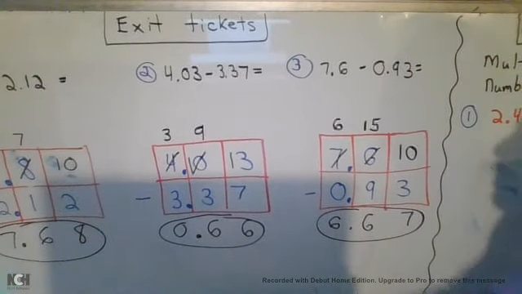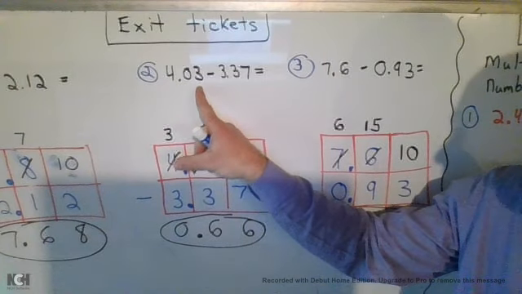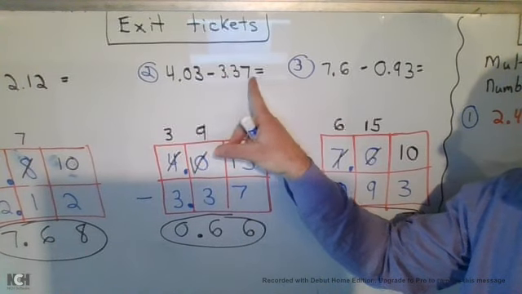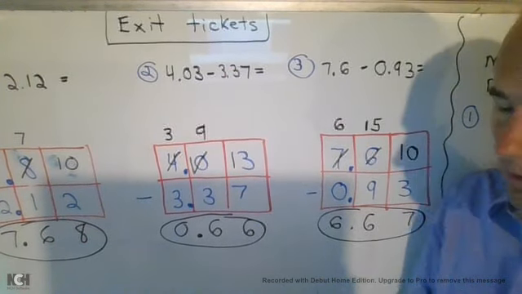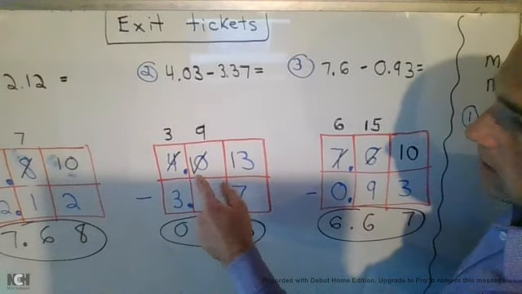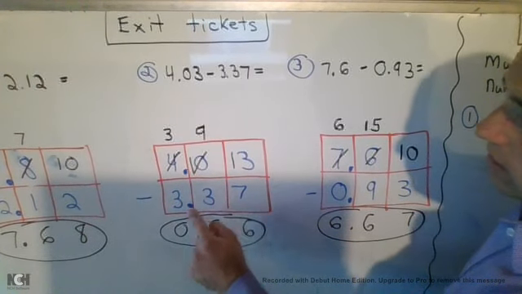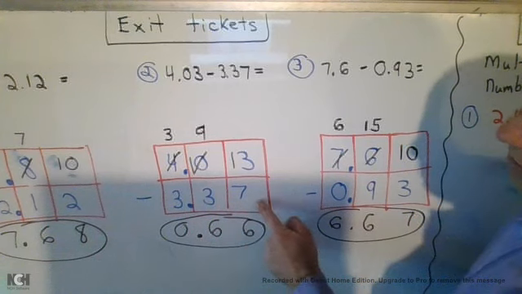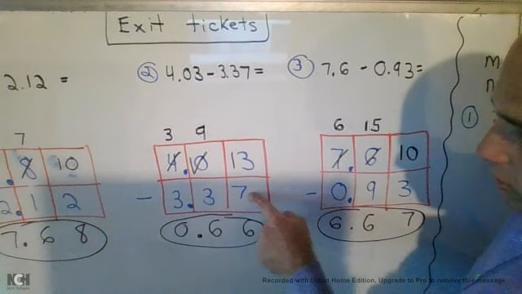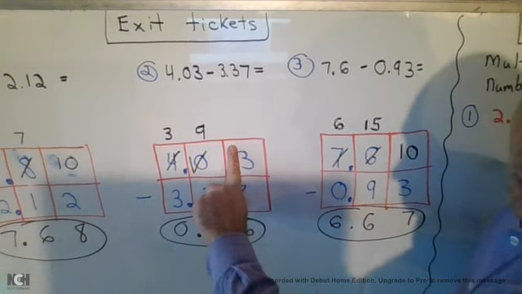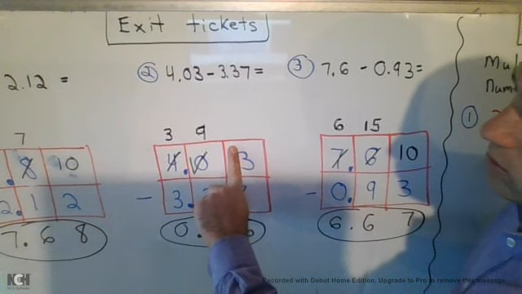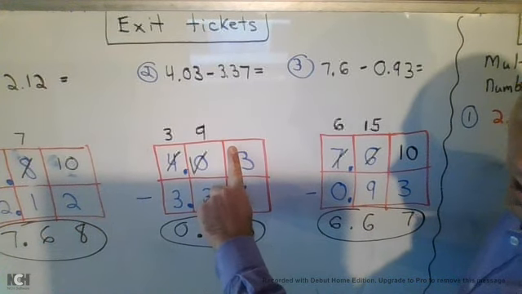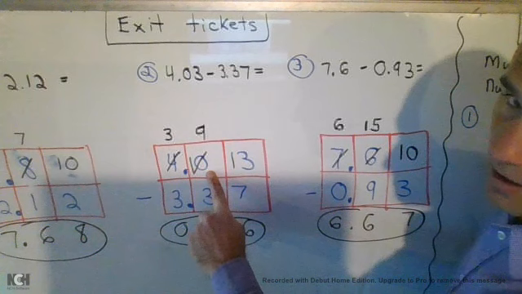Number 2, 4 and 3 hundredths minus 3 and 37 hundredths. So I had 4 and 3 hundredths, 3 and 37 hundredths. But I couldn't take 7 away from this 3 here. So I had to borrow or steal, or whatever you want to call it, from the tenths place.